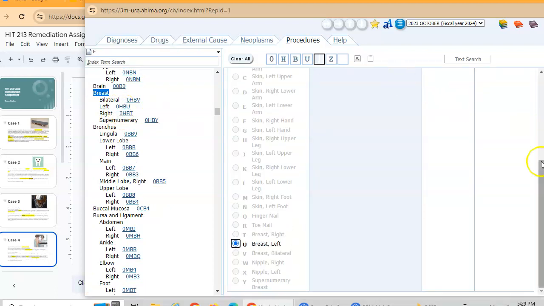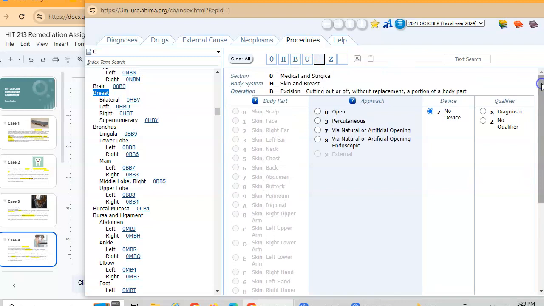So that pretty much takes care of the majority of the code. We know that it was open because it said the dissection. So we select the 0, and then we are going to select Z for no qualifier to give us our code of 0HBU0ZZ.